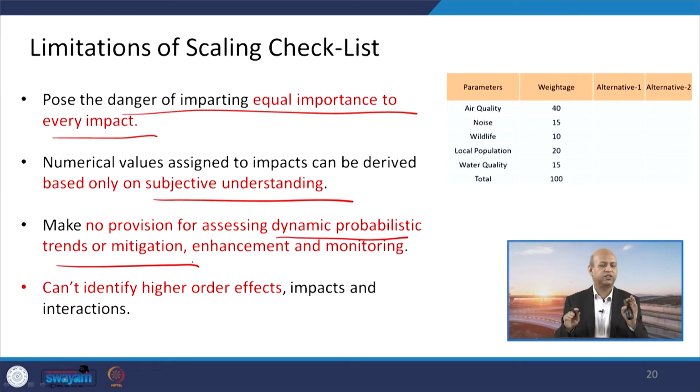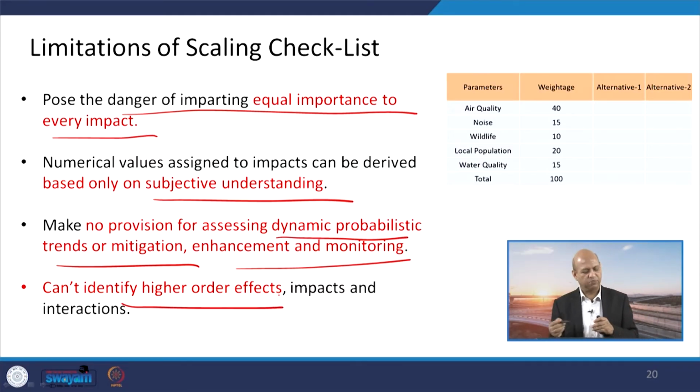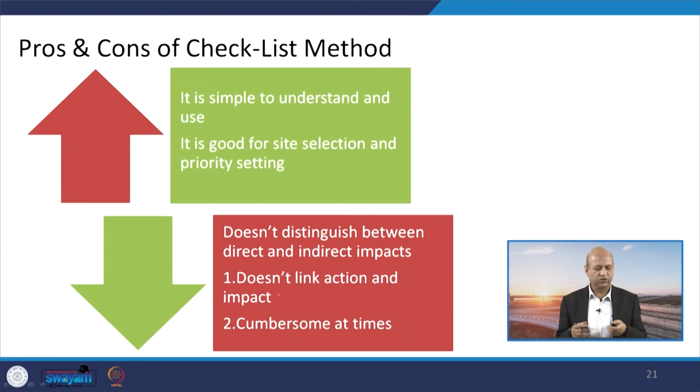One value is assigned, there is no variation, and no monitoring in that. It can't identify higher order effects, impacts or interactions. Once the weightage is assigned, that value is almost fixed, and there is no variation or change.